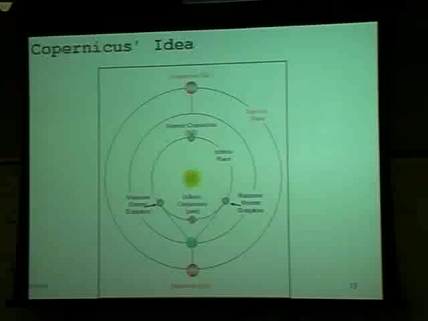But the objects that are closer to the sun are moving faster. So Mercury goes around in the course of 3 Earth months. And Venus goes around in 220 days. We go around in 365 days. Mars goes around in just about 2 Earth years. All right, so we're moving faster than the outer planets, so to speak.